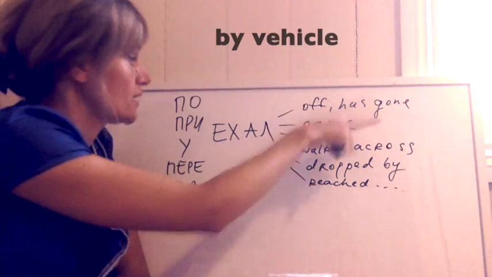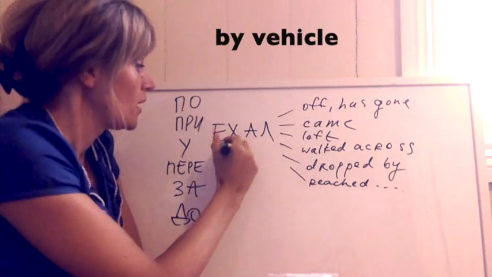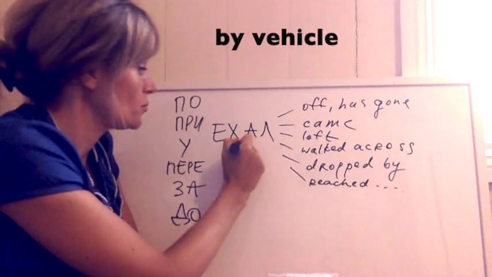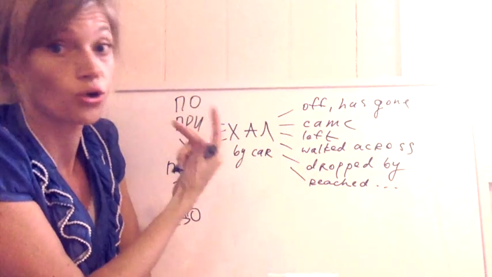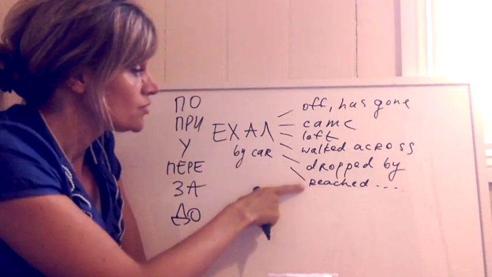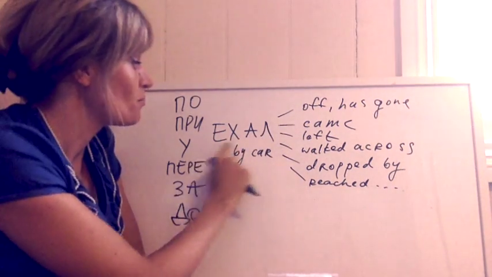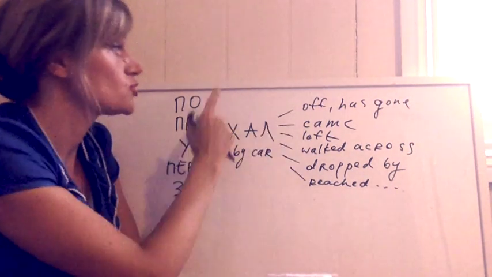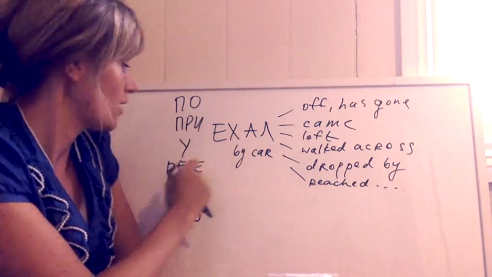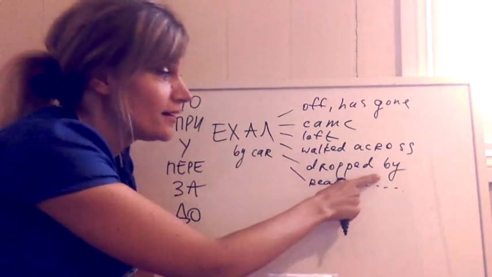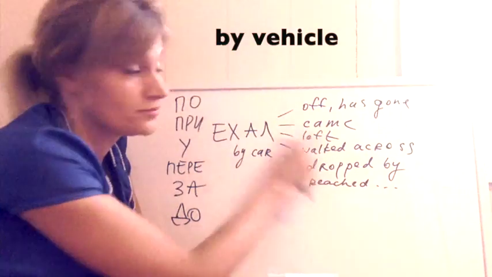Поехал, off, has gone. Приехал, came. The only difference is it's by car, or by train, or by not walking. It's the same translation, but by car. Поехал, he drove off. Приехал, he came by car. Заехал, he dropped by car.